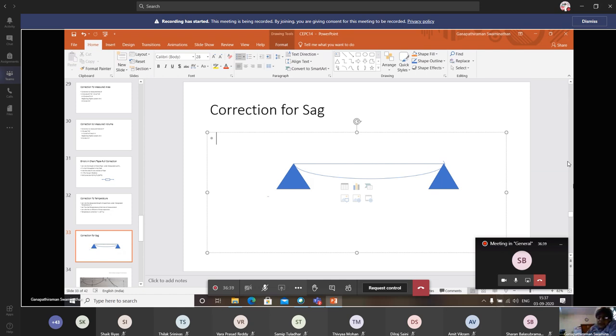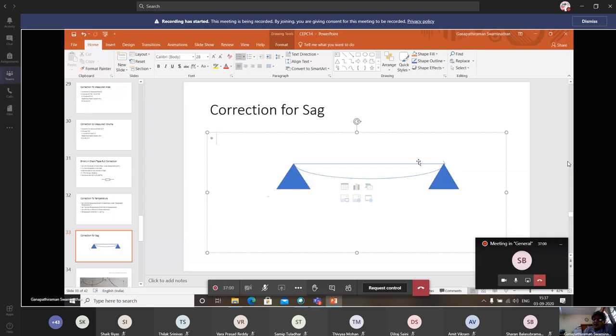So in the case of a suspended string, it cannot resist a moment. When you take a moment about any point on this, it is equal to 0, and there is no horizontal force over here.